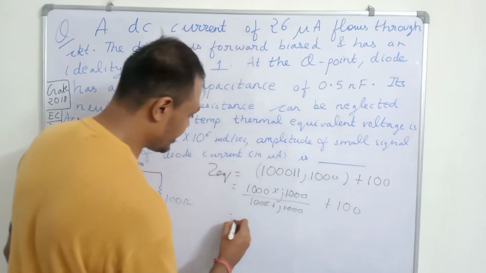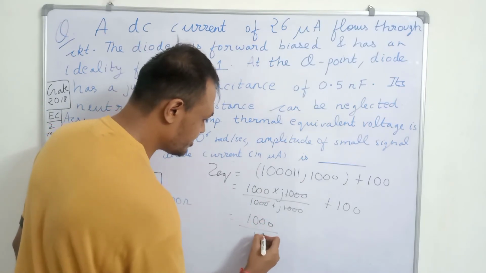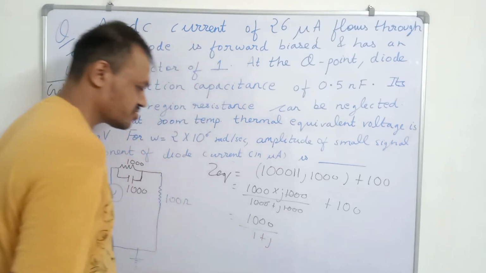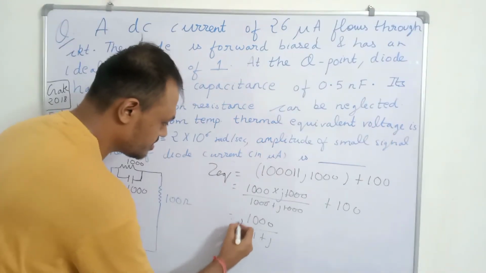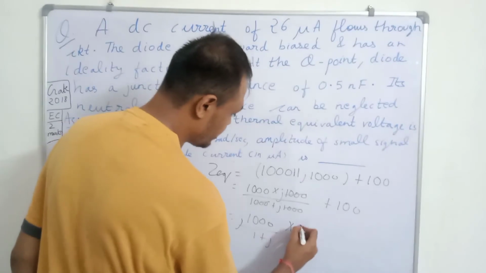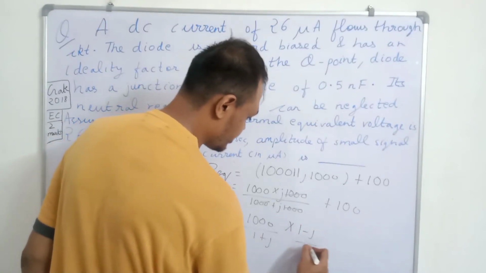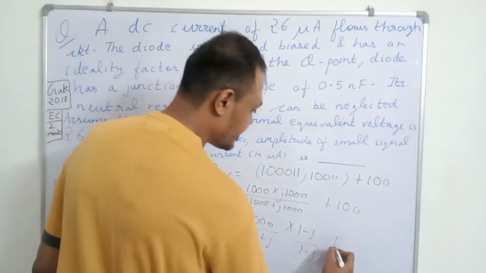So this will be equal to 1000 upon 1 plus j, into j, and we rationalize with 1 minus j upon 1 minus j, plus 100.